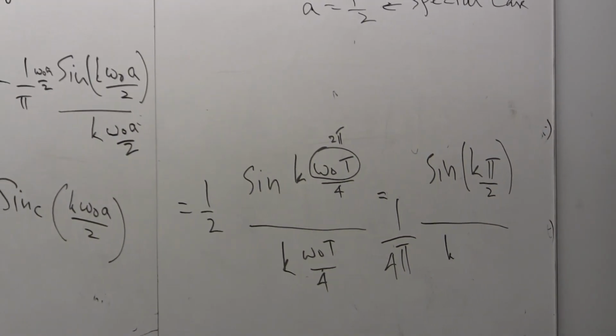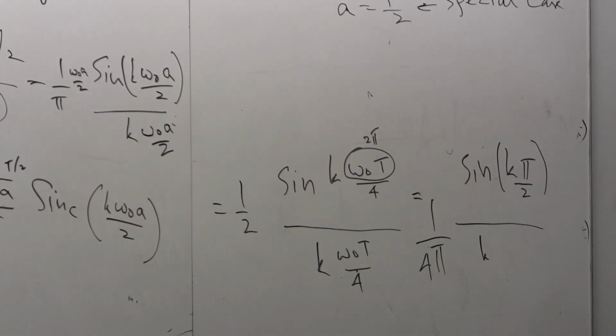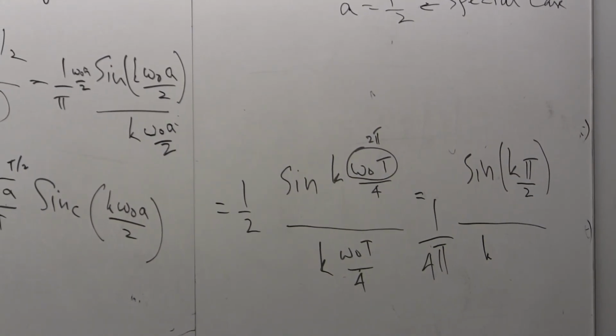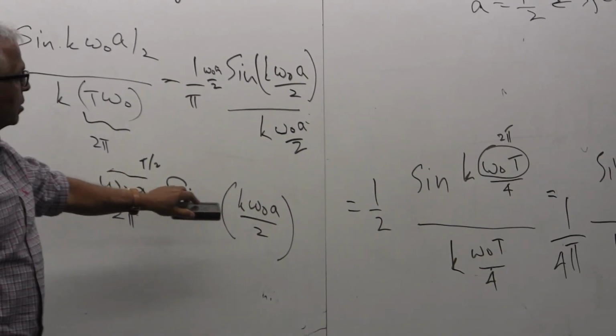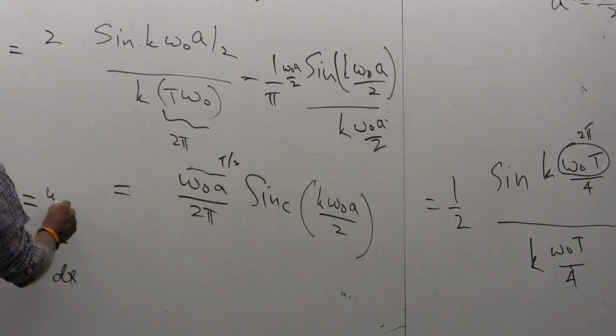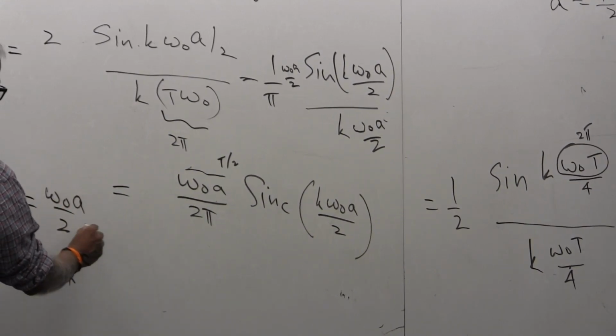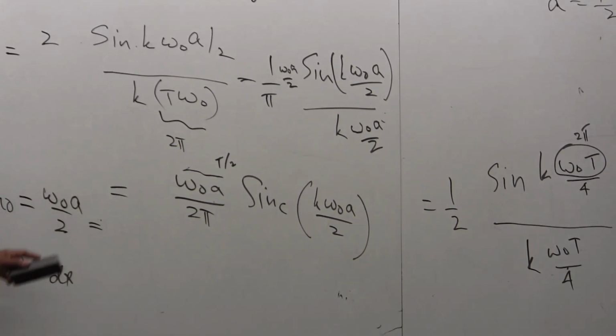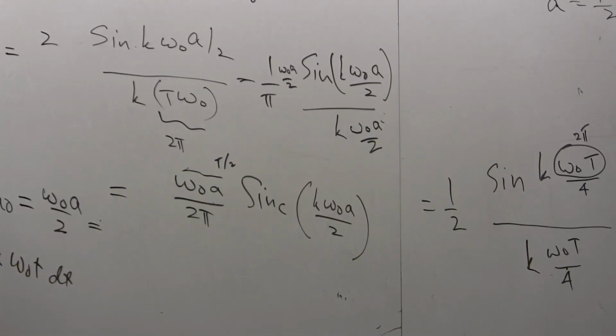You forgot already? This is here, right? So a naught is, remember, k equal to 0, sinc 0 is 1, so a naught is simply omega naught a by 2. So in our case, if you put a equal to t by 2, it is 1 over pi, right? So that's good.